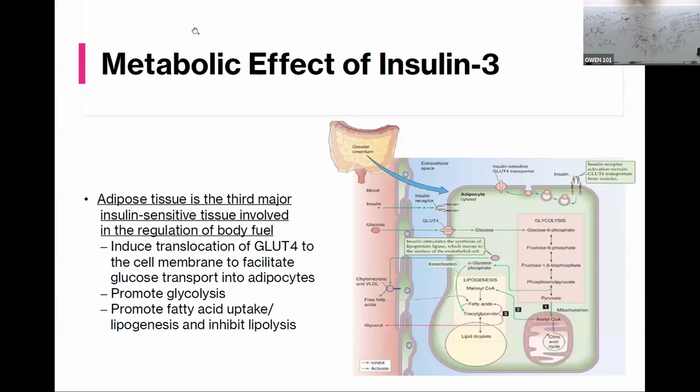And then the last one is the adipose tissue. The same thing, adipose tissue also expresses GLUT4, right? But in this case, it is mainly making new fatty acid. Of course, glycolysis is always important to produce ATP, which is the power that runs everything in the cell. But making fat is what adipose tissue is doing. So that's the reason why people connect meals or carbs to fat.